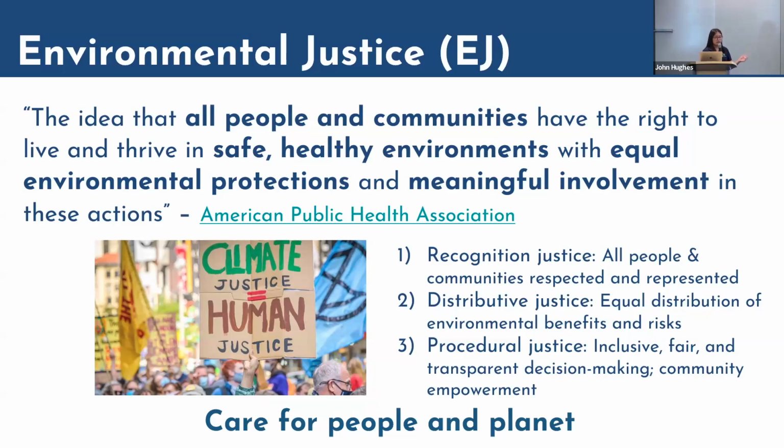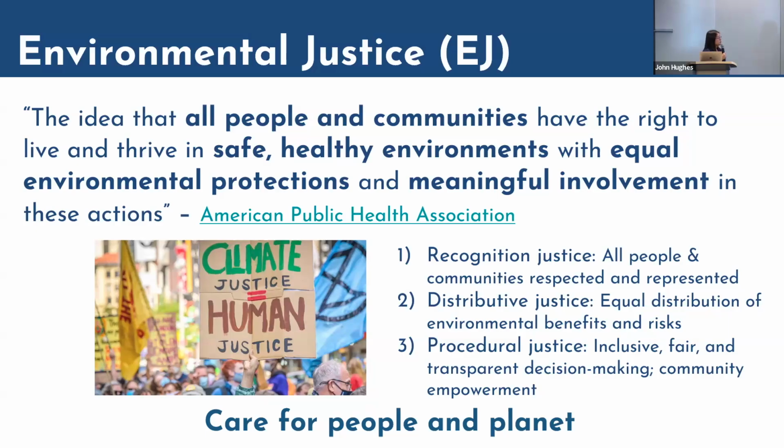So there are quite a few definitions of environmental justice, but I wanted to highlight this one because I think the language used really underscores in a simple way what I consider to be the three pillars of environmental justice. So firstly, environmental justice deals with recognition justice, so ensuring that all communities and people are respected and represented in these efforts.